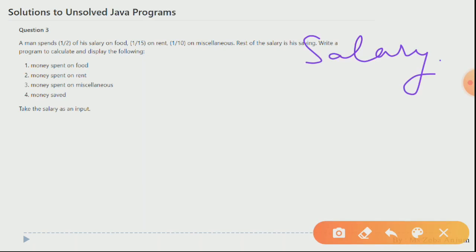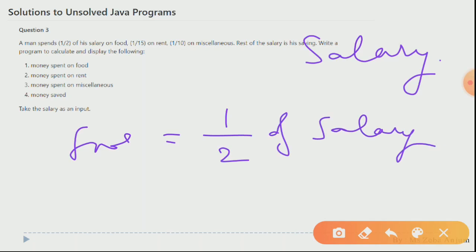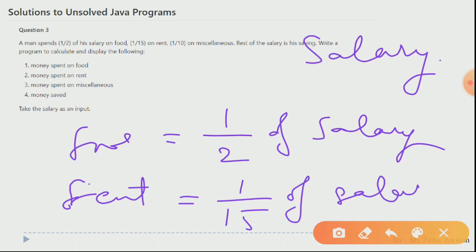Okay, so money spent on food will be what, 1/2 of salary. Yes, money spent on rent will be what, 1/15 of salary. Yes, and money spent on miscellaneous will be how much, 1/10 of salary.